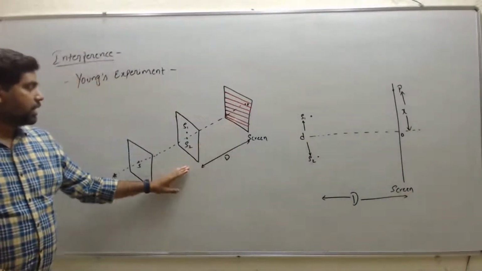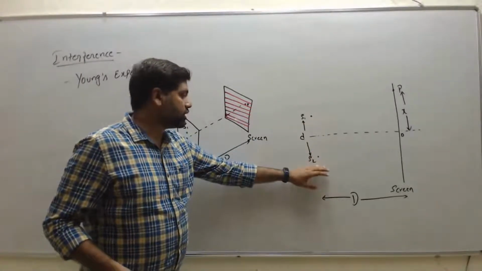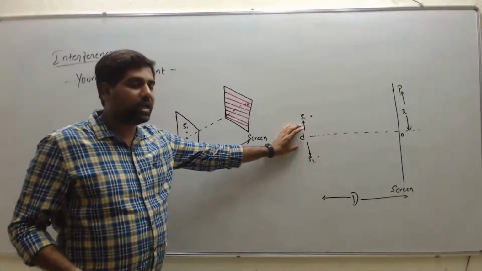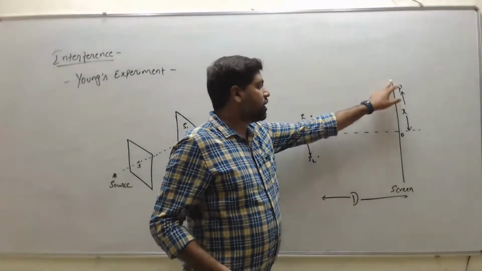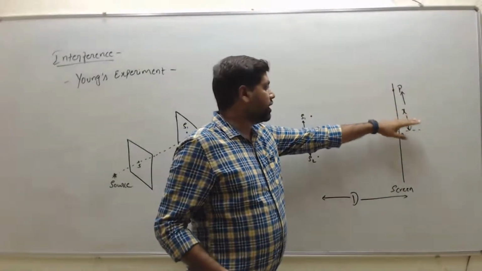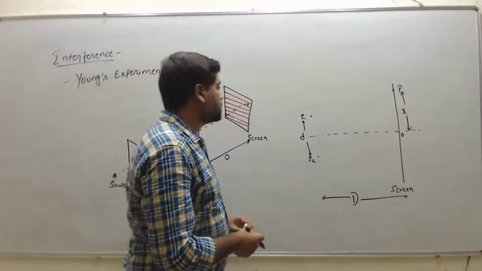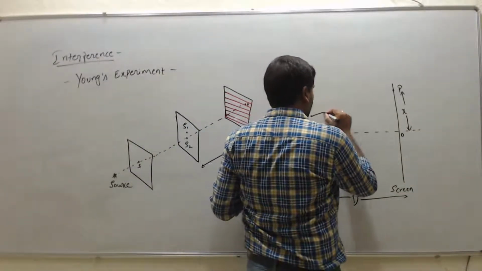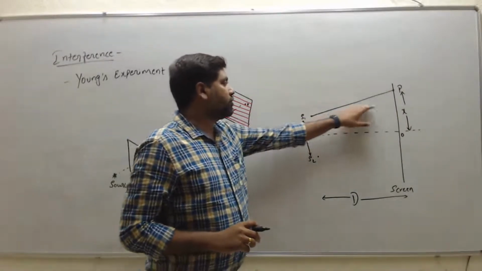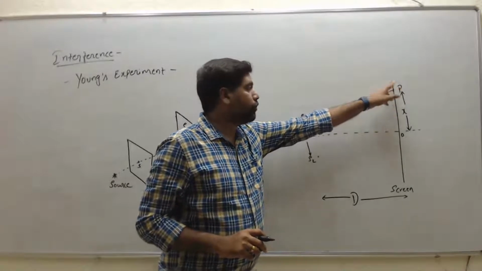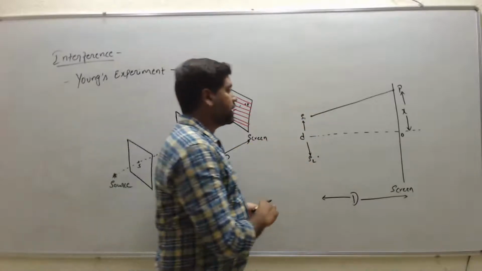So what we wrote in the experiment in 3 dimensions, we have written in 2 dimensions. That is, we have sources S1 and S2 separated by a small distance d, and a screen is placed at a distance capital D, and we have considered one arbitrary point on the screen, anywhere on that screen, at a distance x from the center O. So next, if we draw the length S1P, that is from the source S1, the waves which meet at the point P, that is the resultant wave getting from these two sources, S1 and S2.